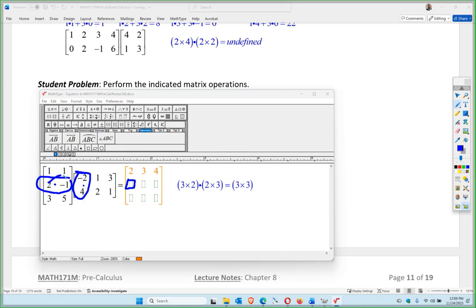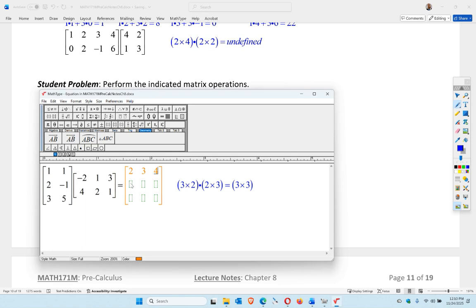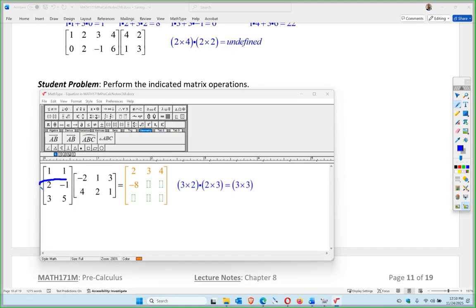So that's negative 4 and negative 4 is negative 8. Okay, and then we have the middle row times the middle column, right? Gives me middle. So 2 times 1, that's positive 2 and negative 2, that's just 0.